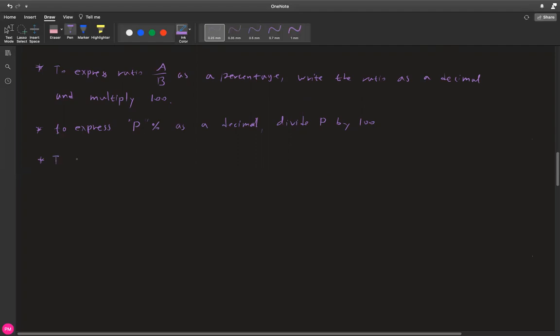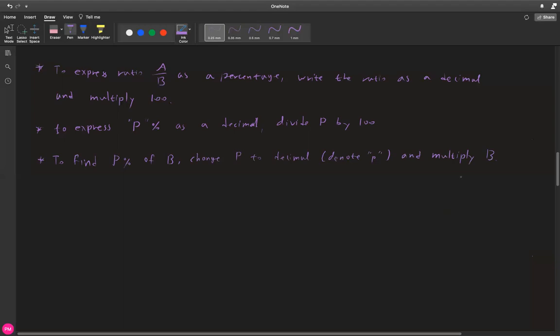So to find P% of B, where B is some value, just like the sales amount, and P% will be the tax amount, like 8% of a $300 Apple Watch, which is an example we already did, simply change P to a decimal, let's denote it by the smaller p, and multiply it by the value.